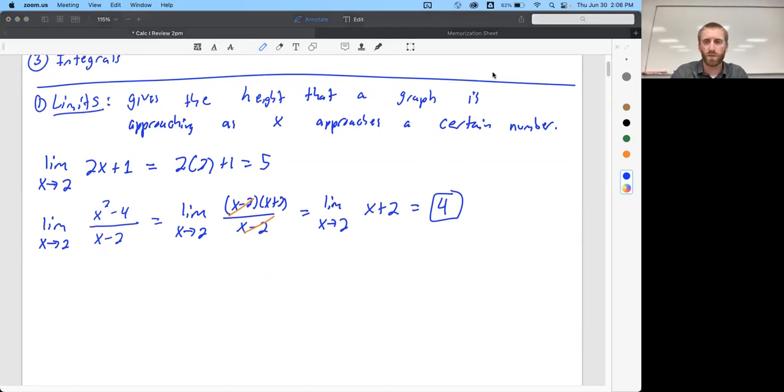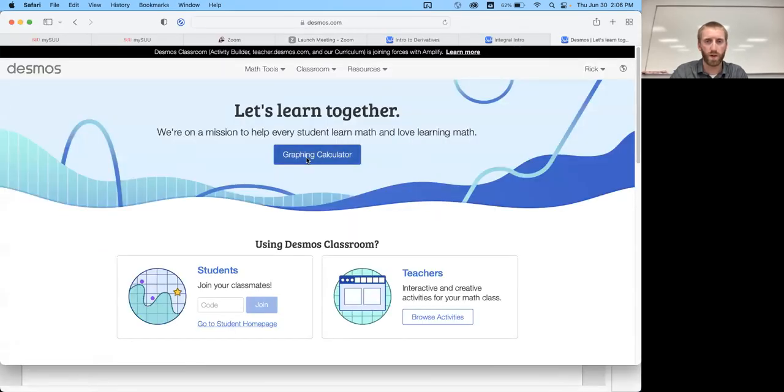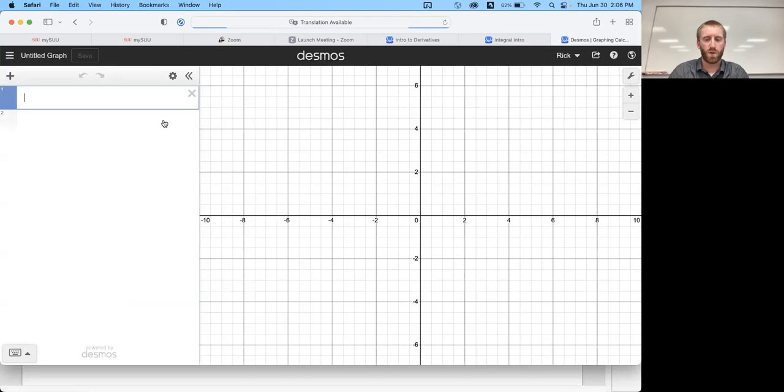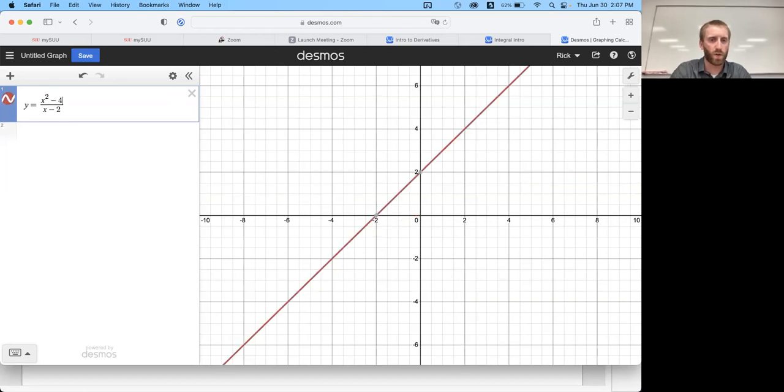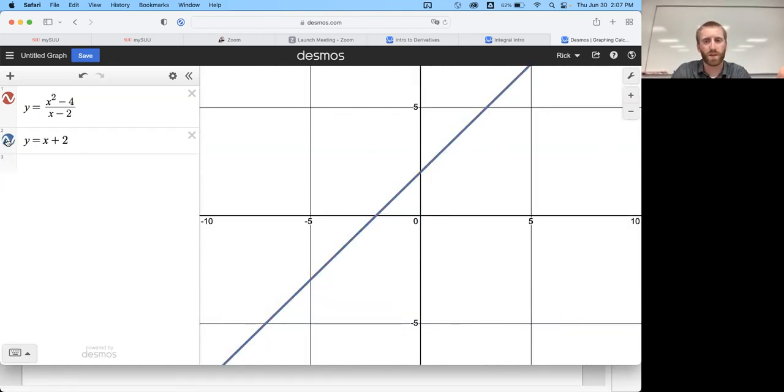Just to show that in another way, let's go over here. If we were to graph y equals (x squared minus 4) over (x minus 2), compared to x plus 2, they look practically identical, right? The blue line is just covering the red one.